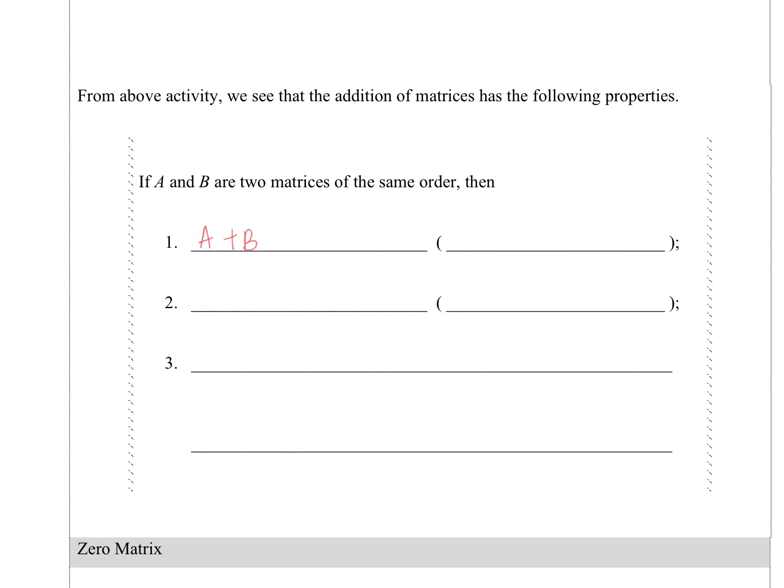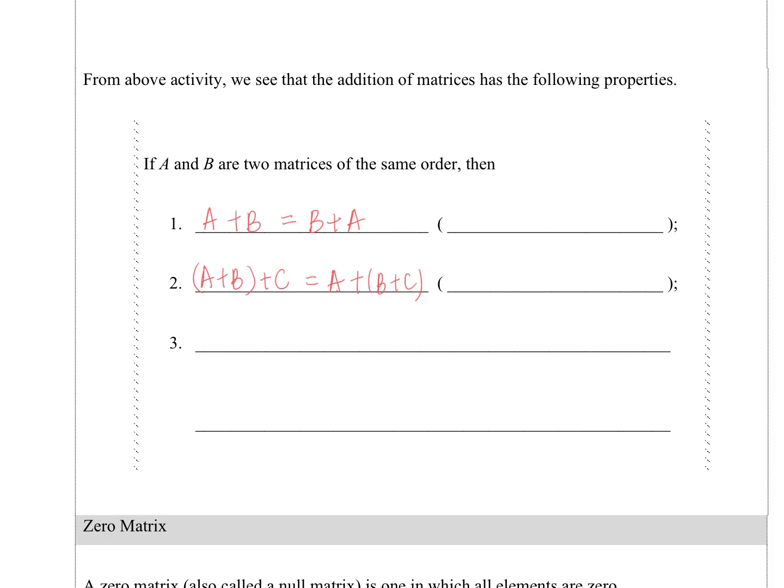A plus B is the same as B plus A. Okay, A plus B first, adding to C, is the same as A plus B plus C. Both of these are the associative property.